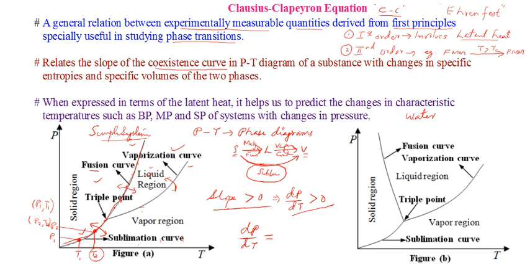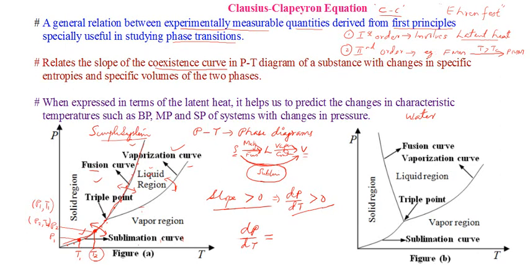It means all points along the curve are characterized by a pair of pressure and temperature. Corresponding to each pressure value, there will be a corresponding value for the temperature. At all these pressure and temperature pairs, the solid phase and the vapor phase of that particular substance will be coexisting.